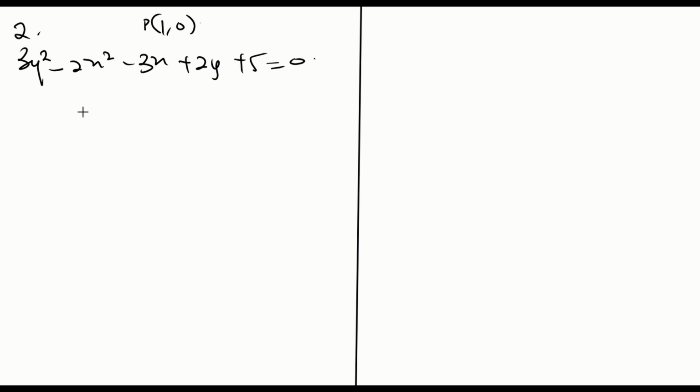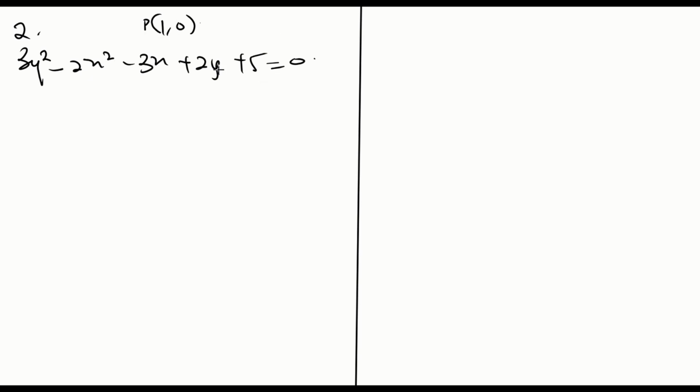So we have 3y squared minus 2x squared minus 3x plus 2y plus 5 equals 0. Now we have gotten this. The point given to us is (1, 0).